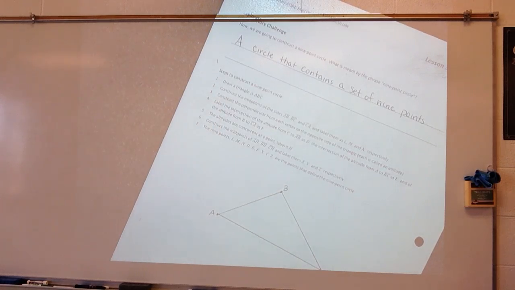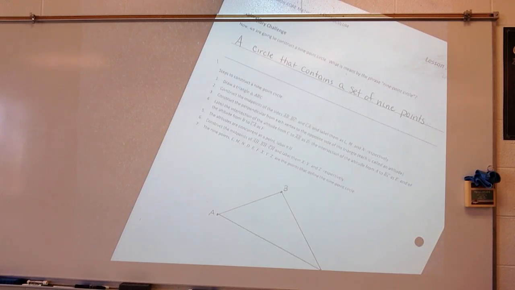Alright, it says construct the midpoint of the segments, segment AB, segment BC, and segment CA, and label them L, M, N, respectively. Alright, so constructing the midpoints. Alright, let's talk about how do we find the midpoint. Alright, if you remember constructing a midpoint, midpoints divide something into equal measures.